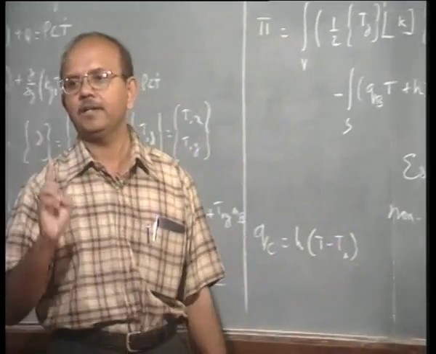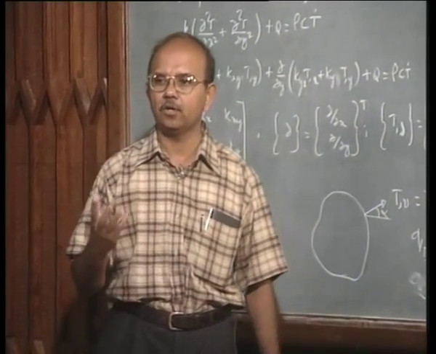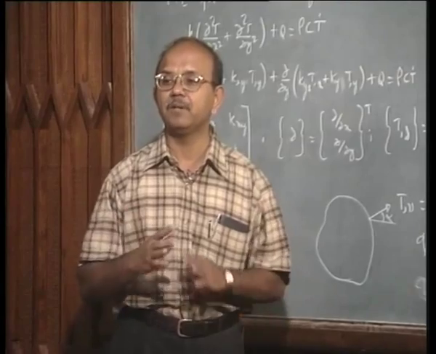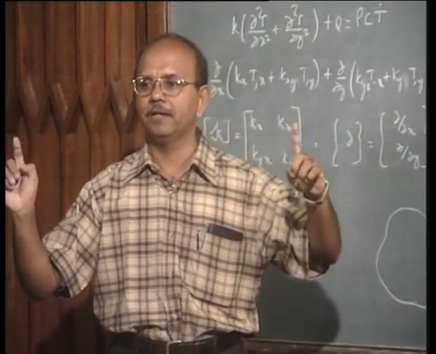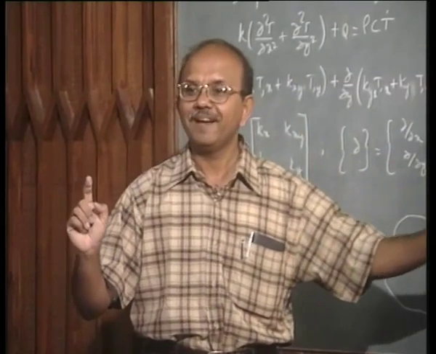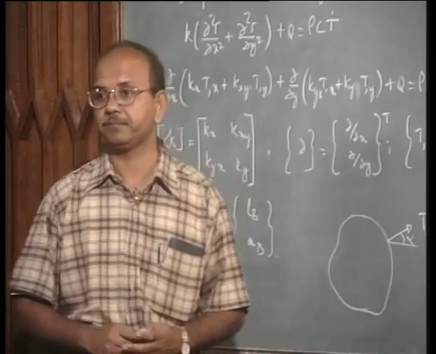So you have to be careful in saying that if I give heat flux QB, I can't solve it, but at the same time I can remove the singularity when I specify a heat transfer coefficient or convection boundary condition.